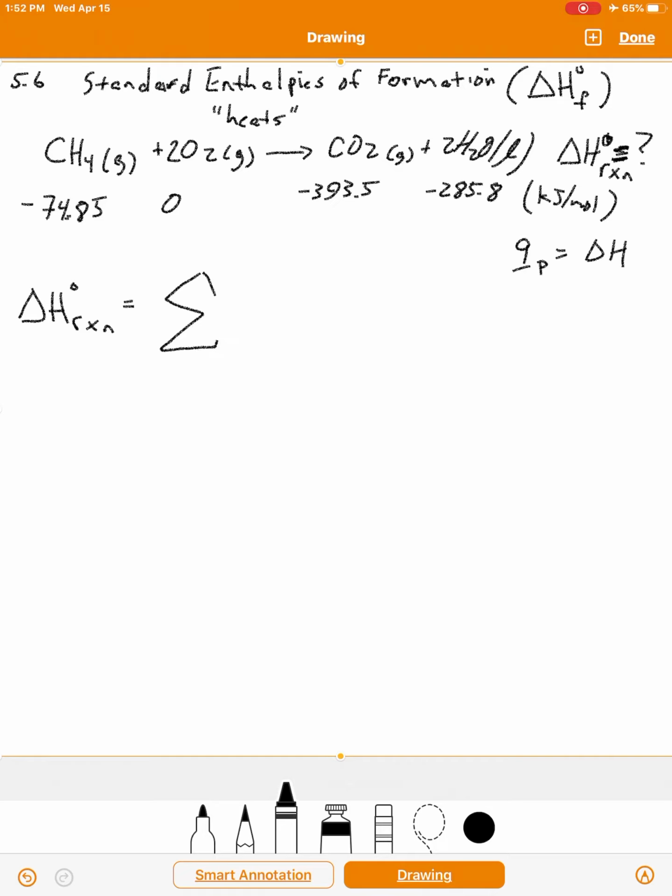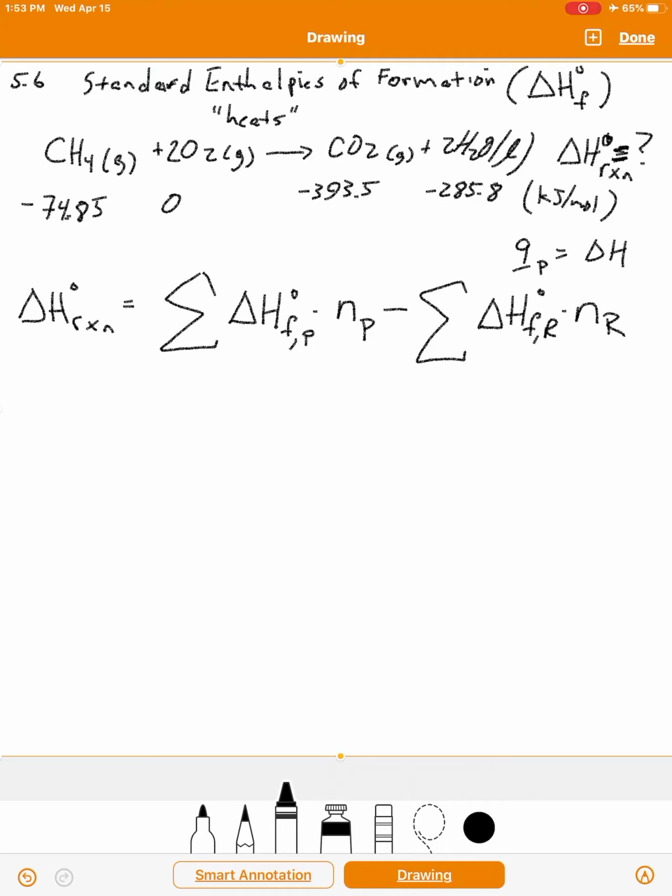The sum, meaning we're going to add up the heat of formation of all the products times the number of moles of that given product. And then we're going to subtract from that the sum, adding all up, the heat of formation of every reactant, again under standard conditions, times the number of moles of each reactant. So there's our little mathematical equation. It's shown a little bit differently in your textbook.